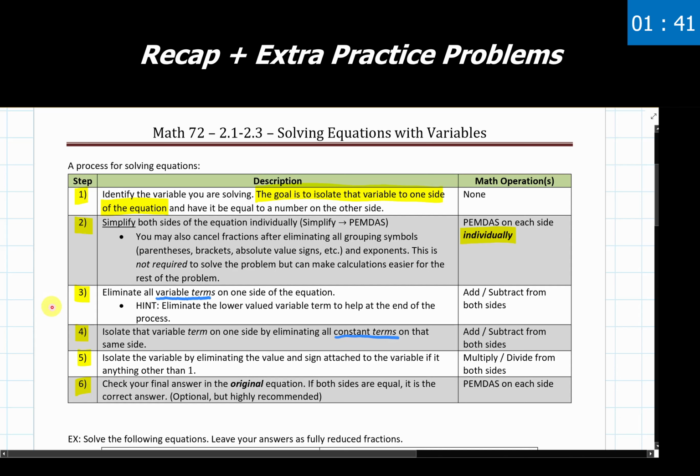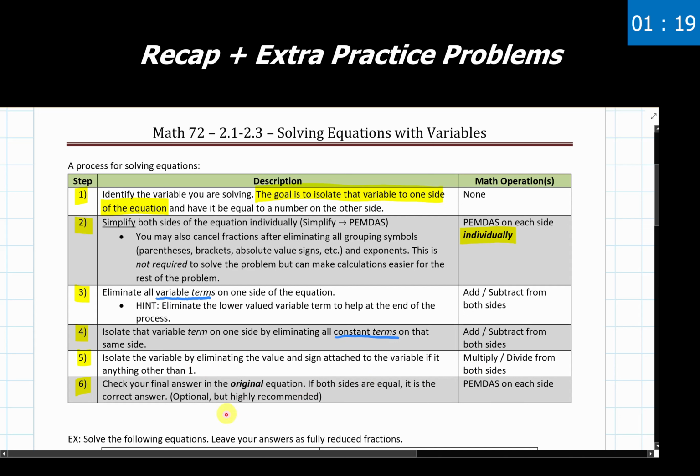We then eliminate all variable terms on one side of the equation with addition, subtraction. We isolate the variable term on one side by getting rid of all constant terms with addition and subtraction. And then we get rid of any and all coefficients that aren't 1 by using multiplication or division.